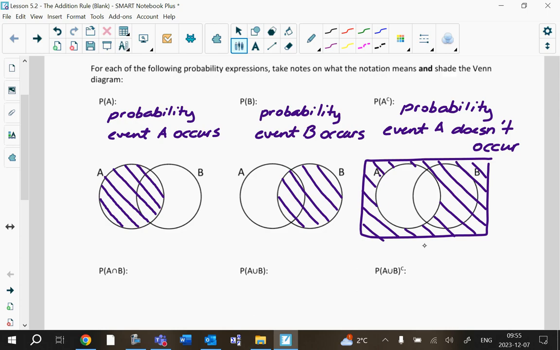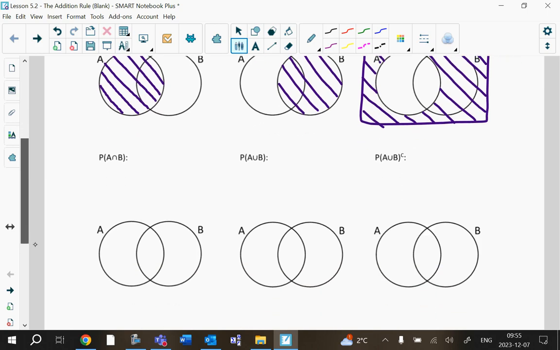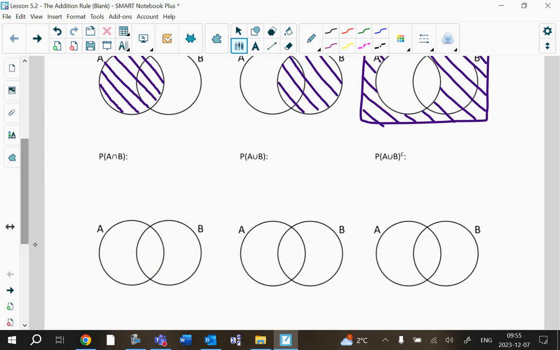Now we've got some symbols, and we're combining events A and B. There's different ways that we can combine them. When you see an upside down U, that is the symbol for the word and.